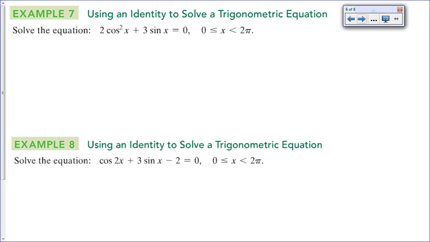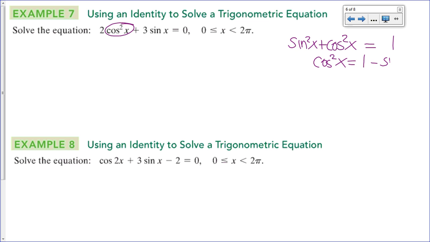Right here we must use an identity to solve that. And so we're going to refer to the Pythagorean identity. So sine square x plus cosine square x is equal to 1. So I want to solve for cosine square x, and that will be 1 minus sine square x.